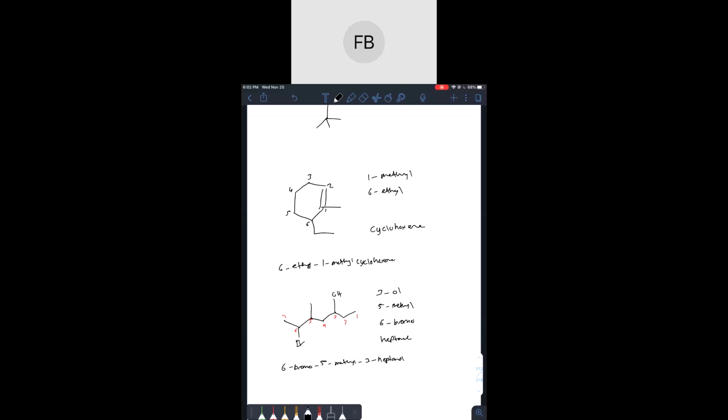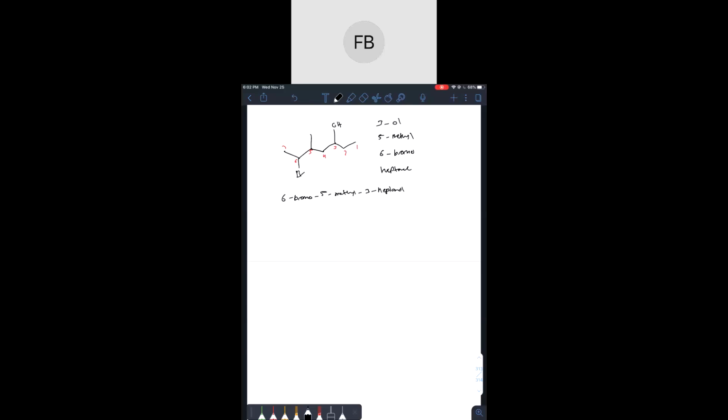Okay, so next he said to draw the bond line structure for Z-3-methyl-2-hexene. So again, it just looks like this, and this is a concept you know of now. It's not like we typically do this in IUPAC naming, but if he gives it to you, you should know how to use it.